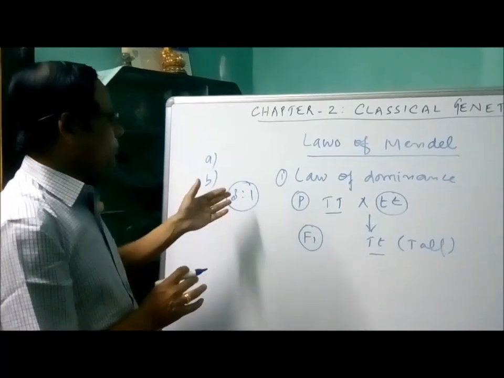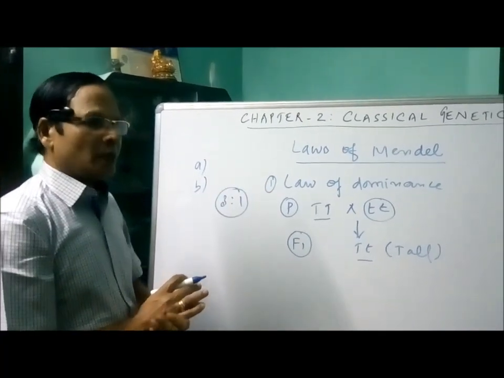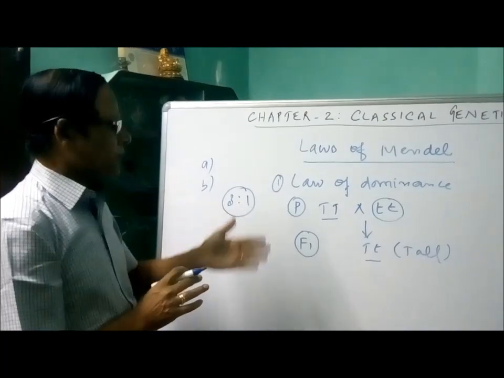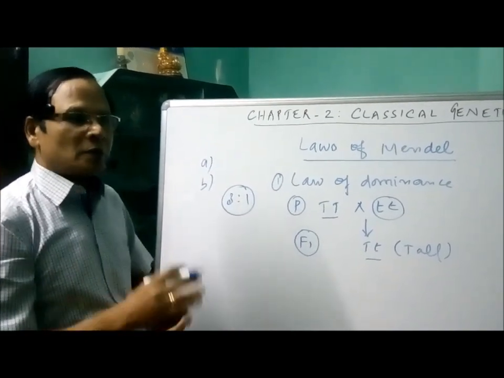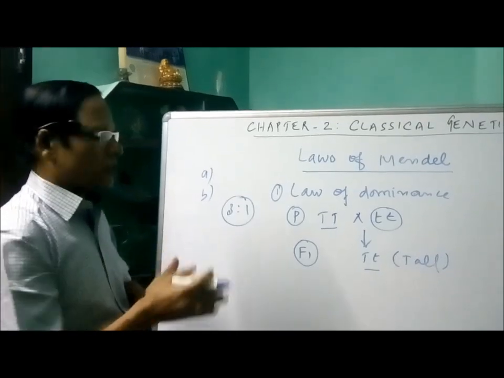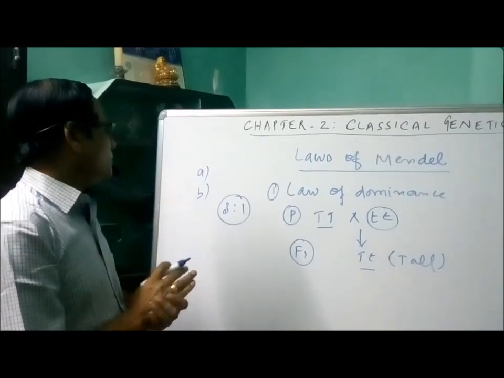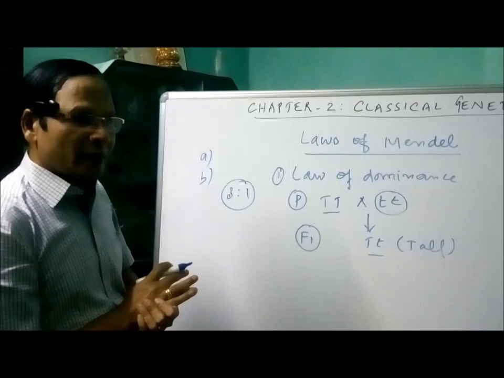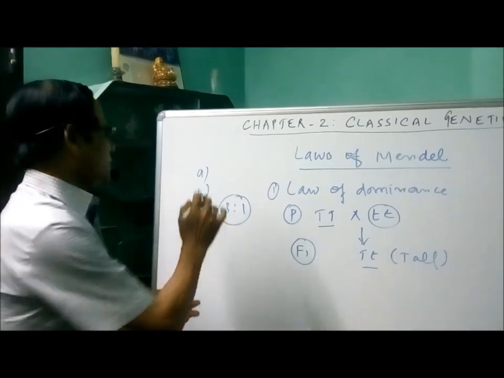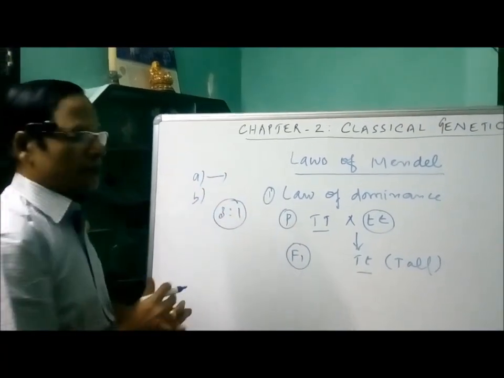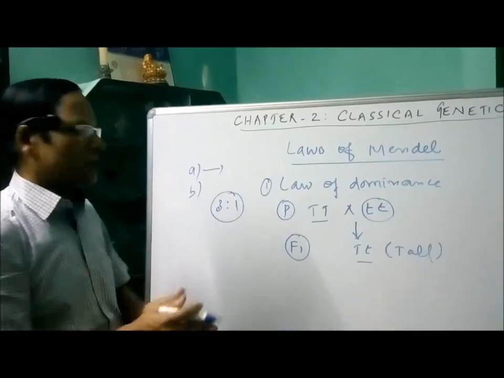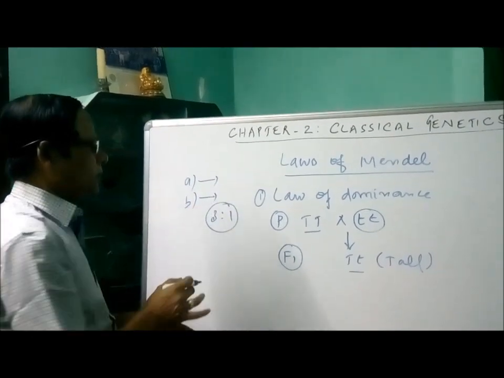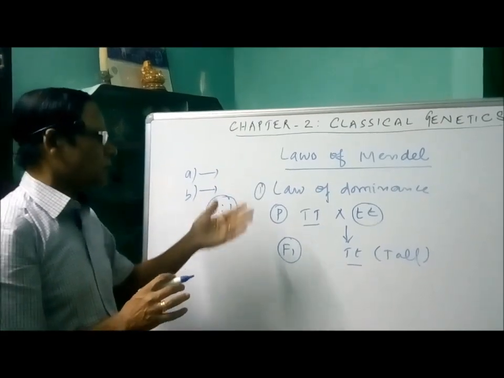So what is the importance of the law of dominance? It explains the monohybrid cross. I'll repeat. First, the appearance of only one character in the F1 generation, that is the tall character. Second, the appearance of both traits in the F2 generation, according to the law of dominance.